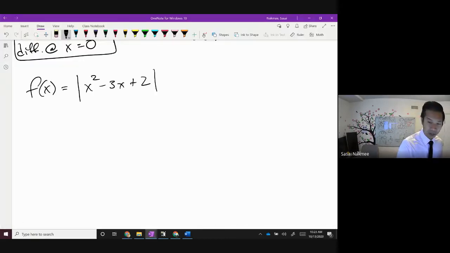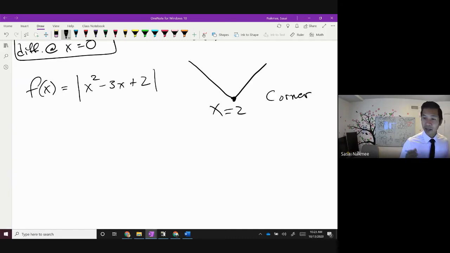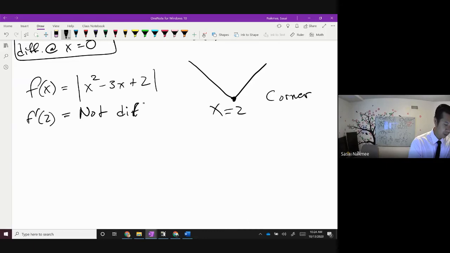If I were to zoom in at x equals 2, I get a little pointy thing right there. That's called a corner. And derivatives do not exist at corners. So I would say here, the derivative at 2 is not differentiable because of that corner.